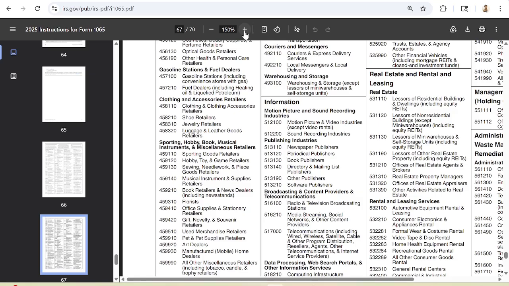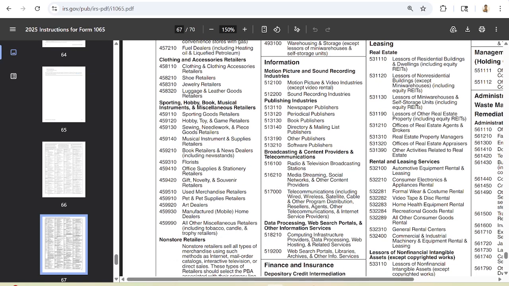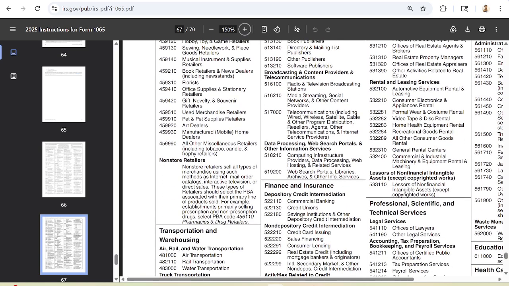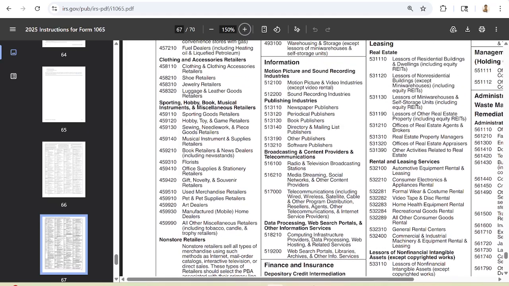I hope this is not too small for you to see. So under information, just look there to see what that would be.